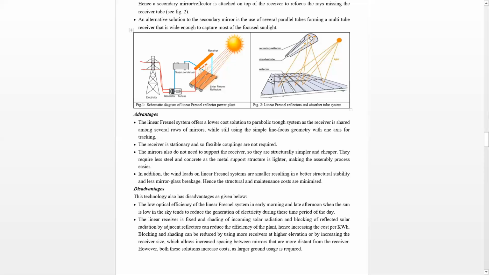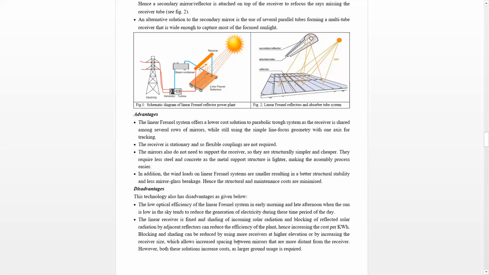So for example, this reflector has more tilt angle, and this has a relatively lesser tilt angle. So if I consider the second and third reflector, since the second has a sharper tilt angle than the third one, reflected radiation may go beneath or behind this third reflector. So the reflected radiation may be blocked. So this may also cause lowering of the efficiency, hence increasing the cost. Hence this will increase the cost per kilowatt hour, right?